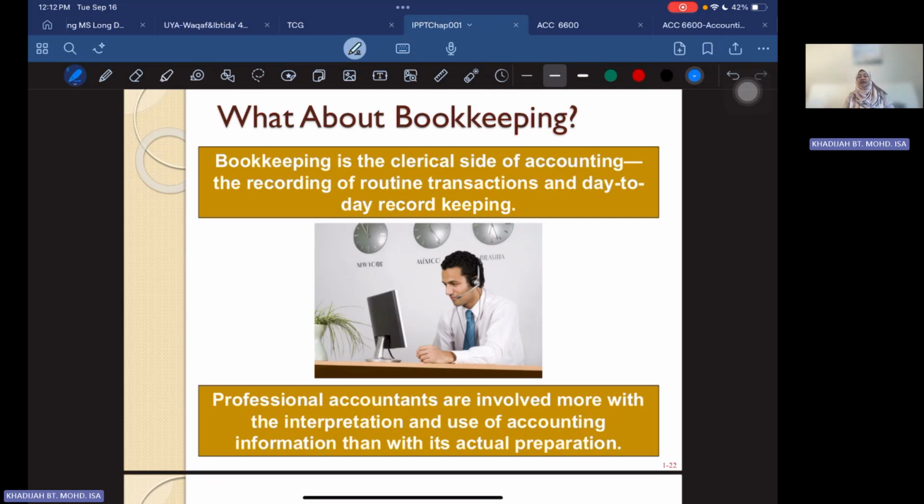When you make a decision, you have to understand how the business or economic activities are translated into financial statements. Because these financial statements, you as a decision maker will use this information to make a decision. For you to do that, you have to understand the financial statement.